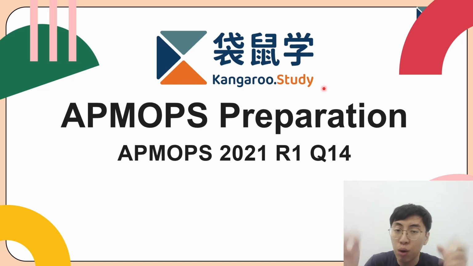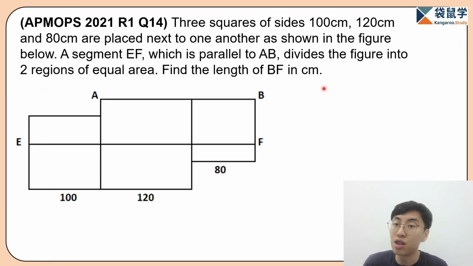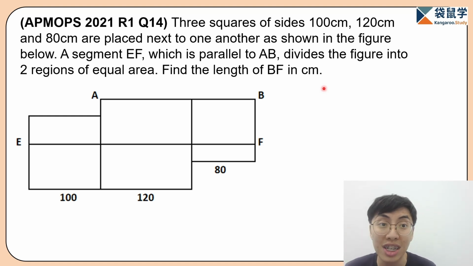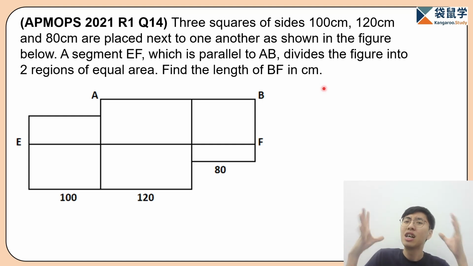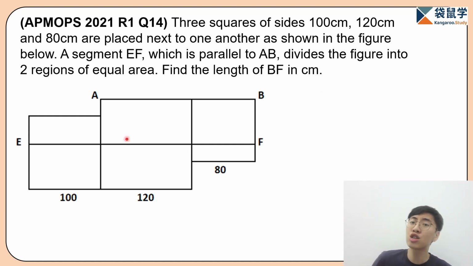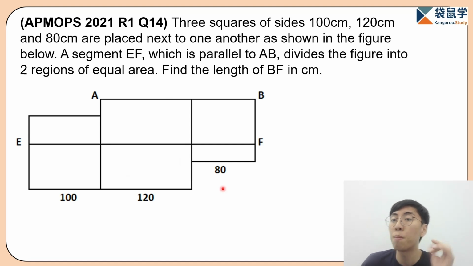And today the question that we are tackling is APMOPS 2021 round 1 question 14. So without further ado, let's jump straight into the question. This question says that we have three squares of size 100 cm, 120 cm and 80 cm placed next to one another as shown in this figure below.